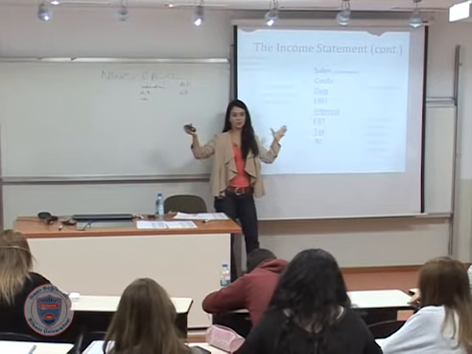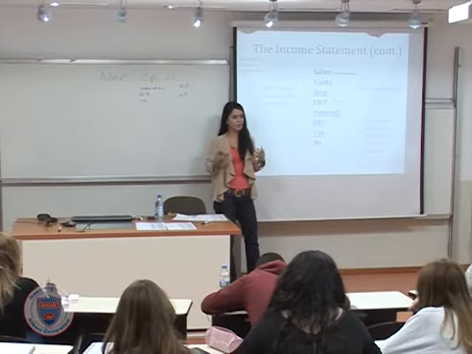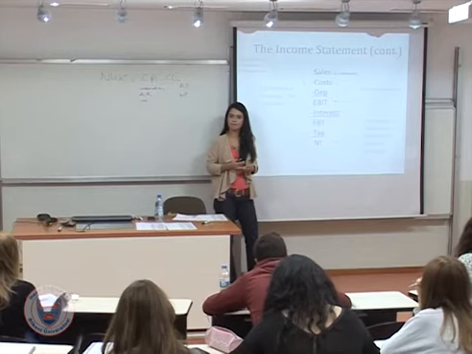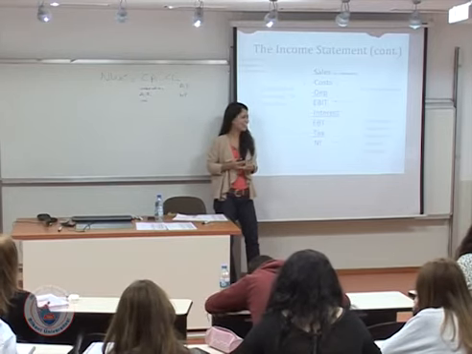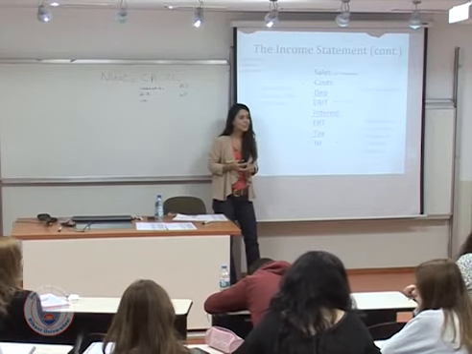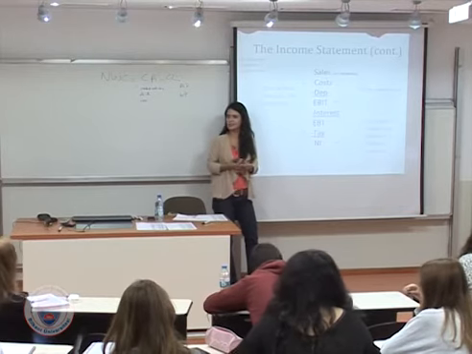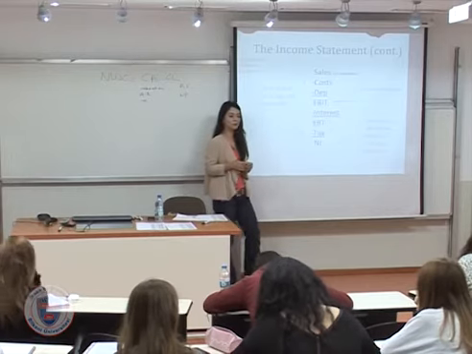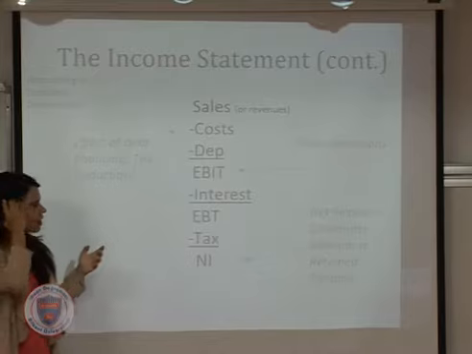You bought a machine, and the value of the machine goes down every year because of wear and tear, because you're using it. It's becoming obsolete. Yes, so its value decreases every year.